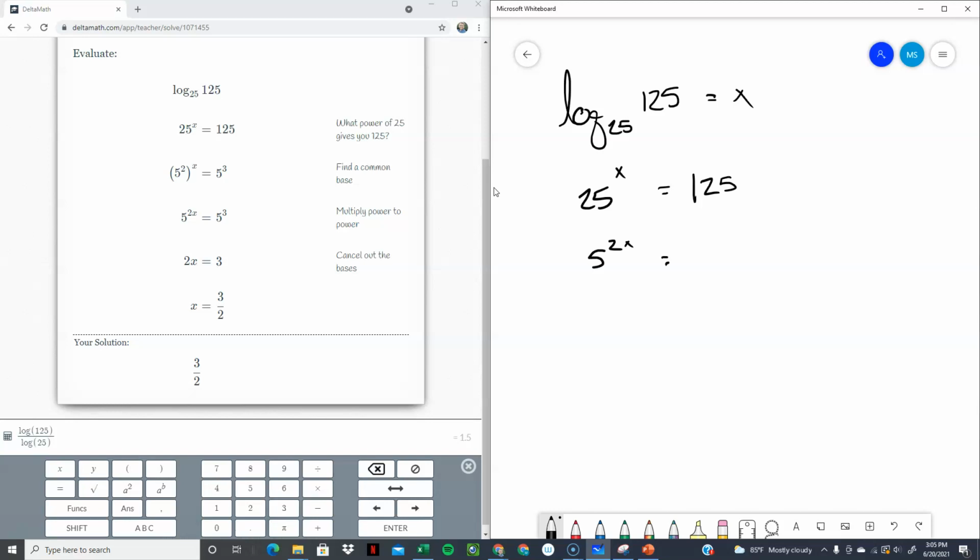And instead of 125, 5 to the third power, 5 cubed. Now we can rewrite it with the exponents. If these things equal each other, that means the exponents also have to equal each other. So then we can divide by 2 on both sides, and x equals 3/2. So that is another way, a third way you can get the same answer.